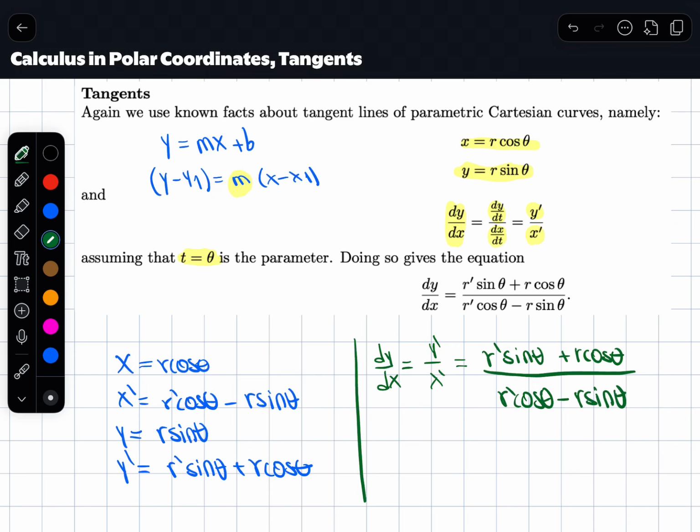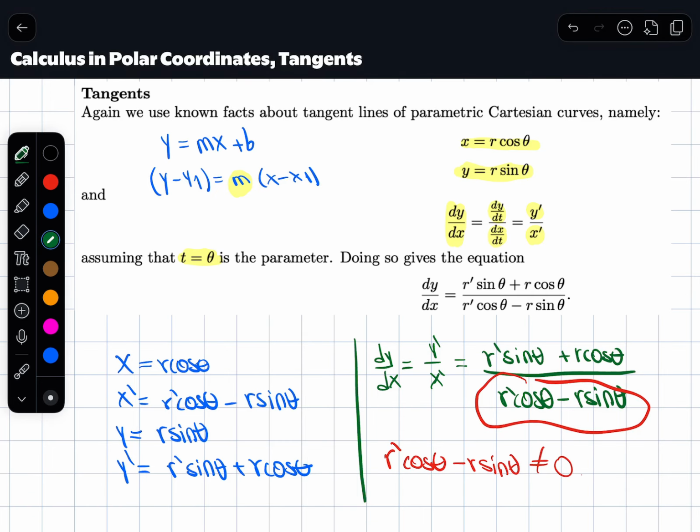You always have to be careful about whether or not this thing here is 0. So when r prime cosine theta minus r sine theta is not equal to 0, then you're fine. But if it equals 0, then you might have some issues with vertical tangent lines and the like. So I'm not going to be talking about this, but you have to keep this in mind.